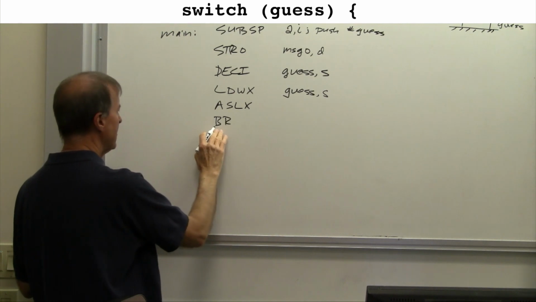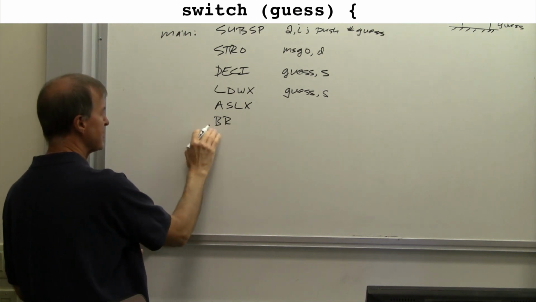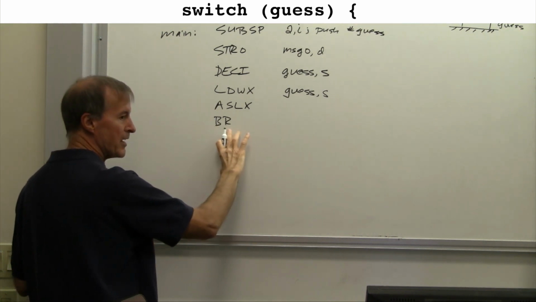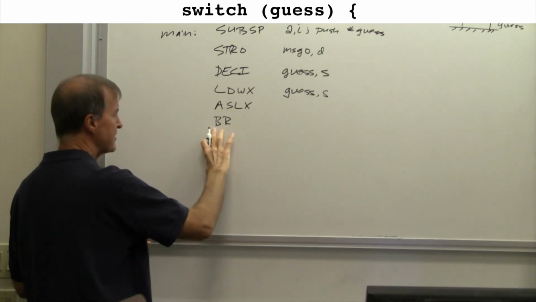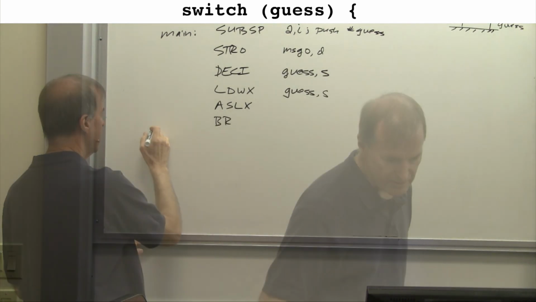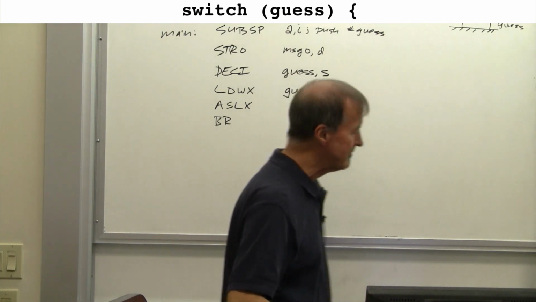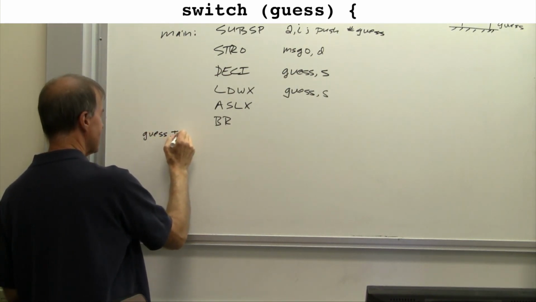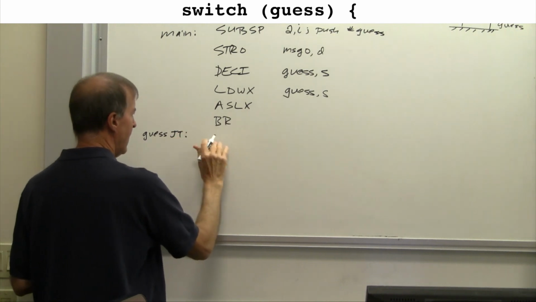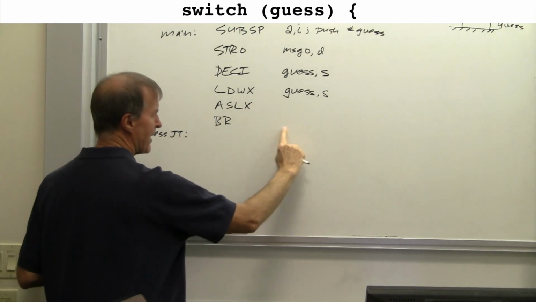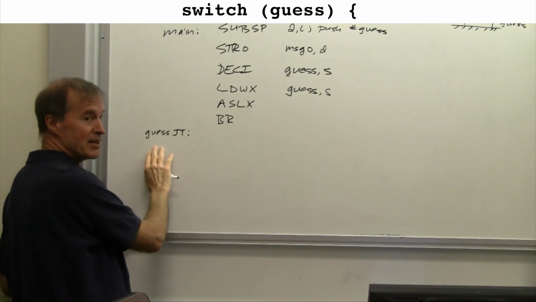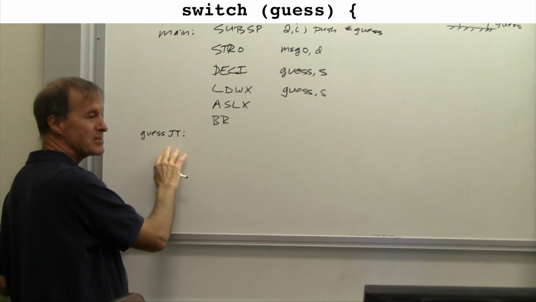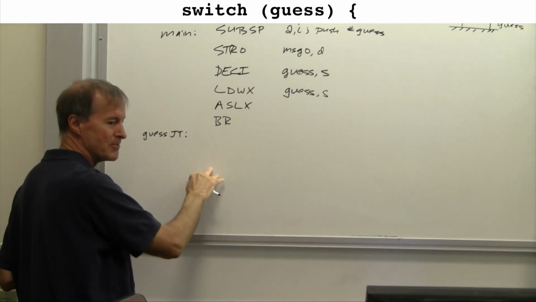And what's going to happen here is down here is where we're going to put the array of addresses. And this array of addresses is going to be what? Guess JT. So this is going to be called guess jump table. All right? And let's worry about this one later. Now how will we set up this guess jump table?